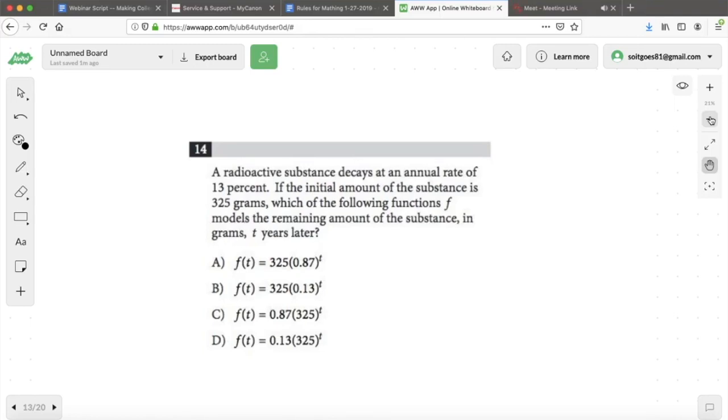We know the substance has 325 grams, and it's decaying at an annual rate. It's decaying every year by 13%. So, Juliana, if you're going to estimate, just give me a ballpark estimate: after 1 year, when T is 1, how many grams are going to be left of the substance?